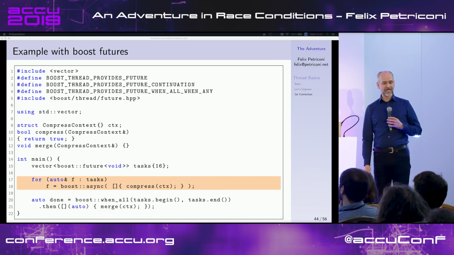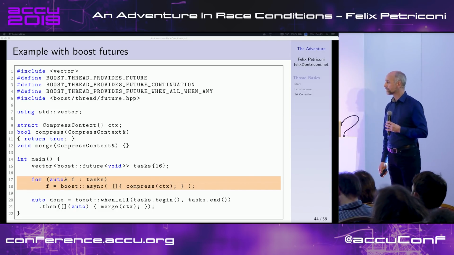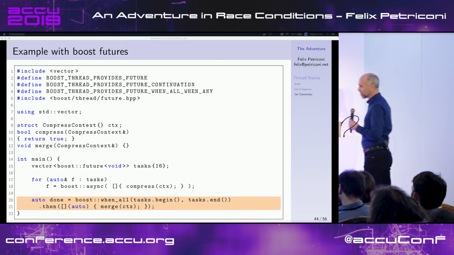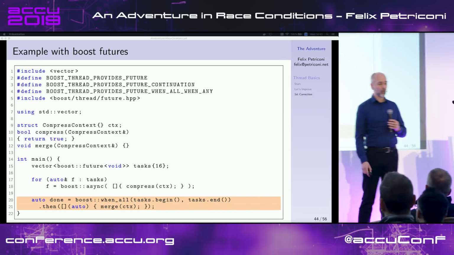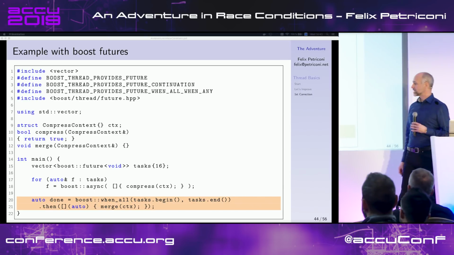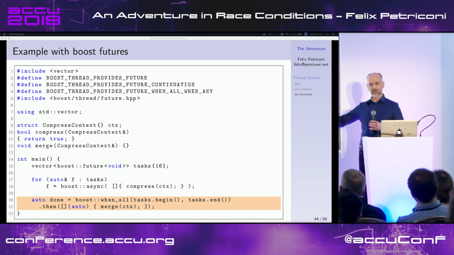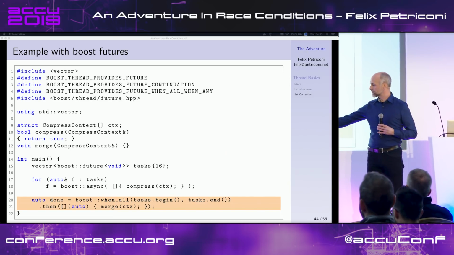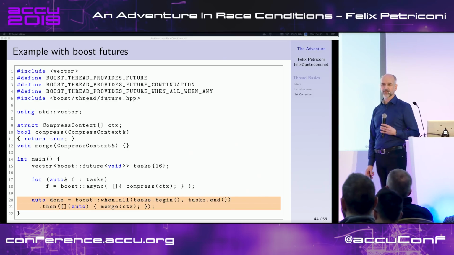We create async tasks, as many as we want. And then we pass all these tasks, or this range of tasks, to when_all, and this continues. When all tasks are fulfilled, then it continues and executes this. So that's what we call a continuation.